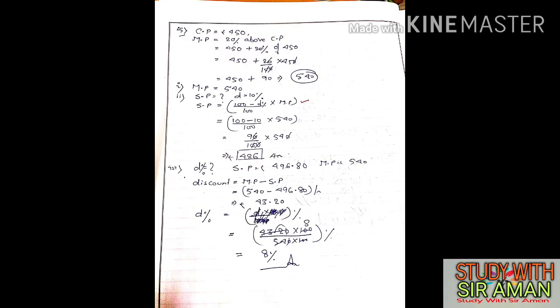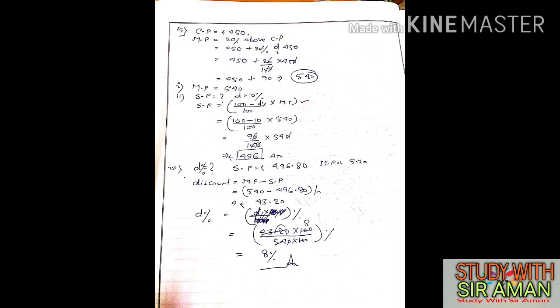Now third condition is what? We need discount percent if the same article is sold at 496 rupees and 80 paise. Okay, so marked price is 540, selling price is given. In this third case, we need the discount percent. For discount percent we need the discount in rupees. So marked price minus selling price.